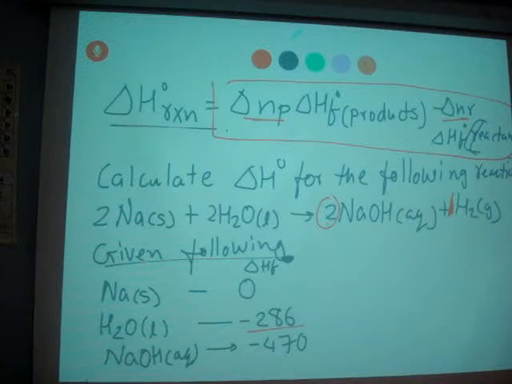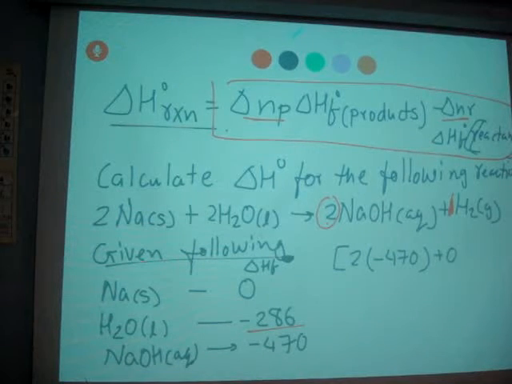Okay, now we have products: 2 moles of NaOH at negative 470, and then 0 for H2.